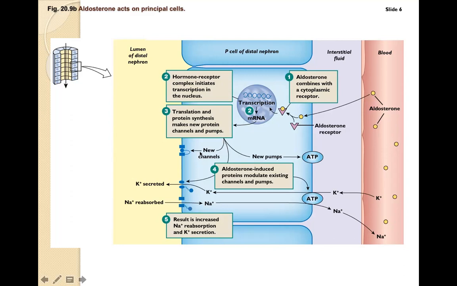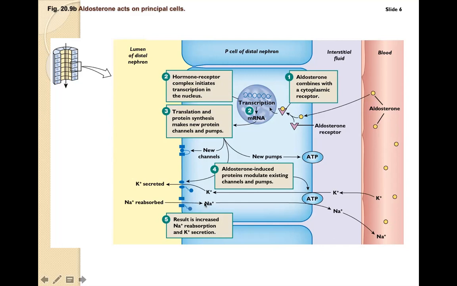And so you can see that these new channel proteins and protein pumps are going to be placed on the luminal side of the cell, or the apical surface of the cell, and will allow for increased reabsorption of sodium.